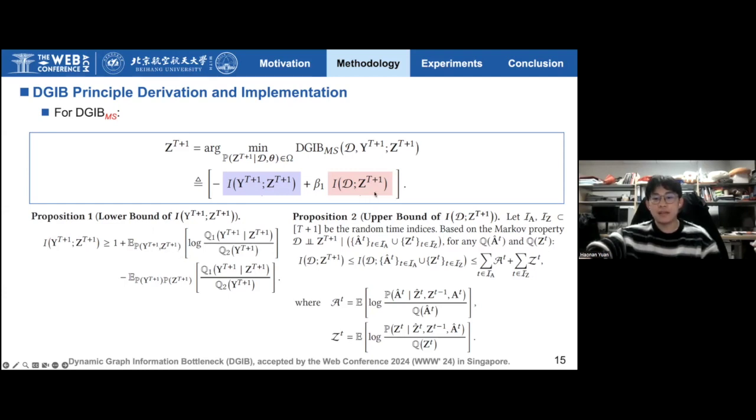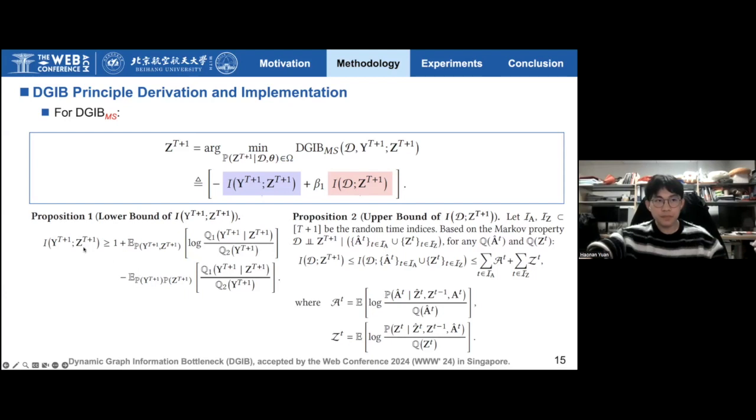Similarly, in order to minimize the mutual information of the second term, we can give an upper bound for the mutual information, which indirectly minimizes the second term itself by minimizing the determined upper bound. What follows are some details and in-depth mathematical derivation showing how we can shrink or transform these upper and lower bounds into expressions that can be directly computed or optimized.